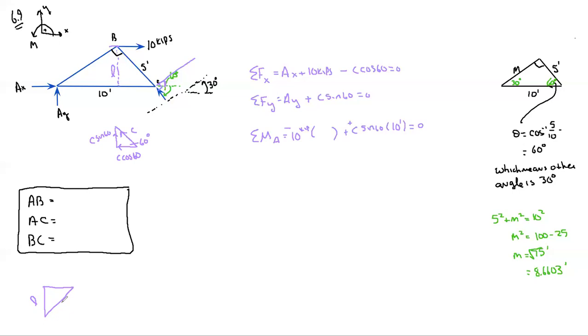This is the 8.6603 foot leg. I got that right here using the Pythagorean theorem. And this is a 60-degree angle.